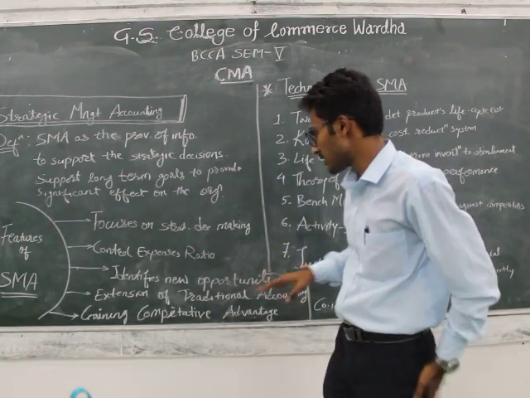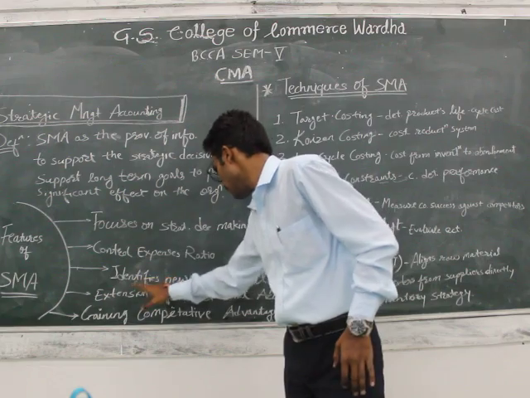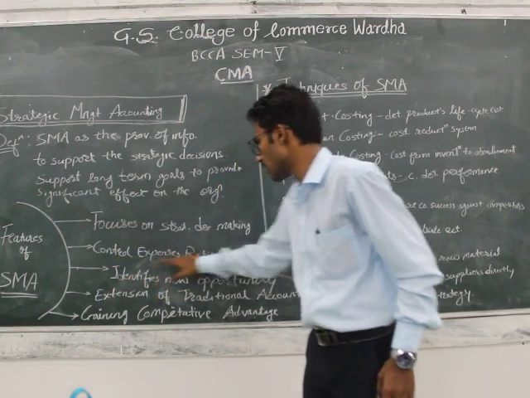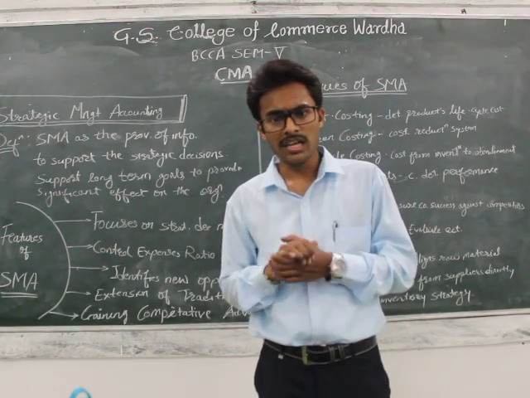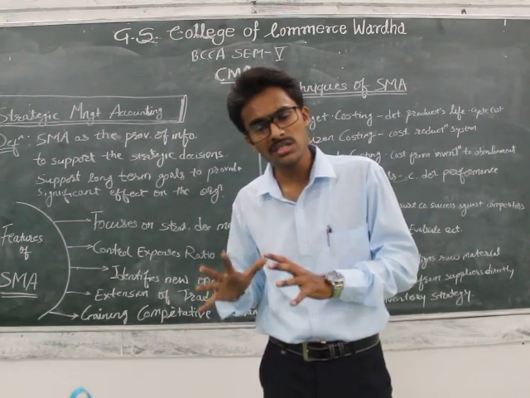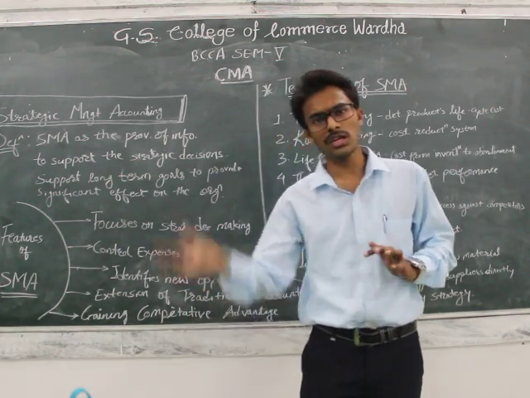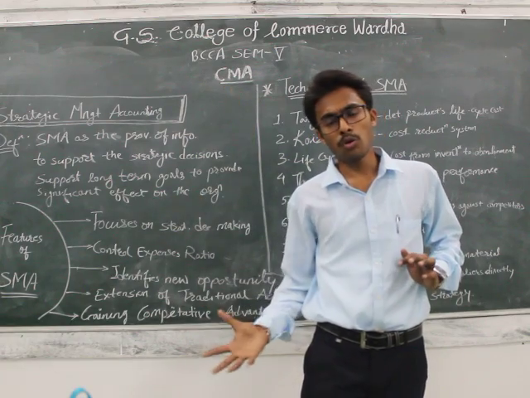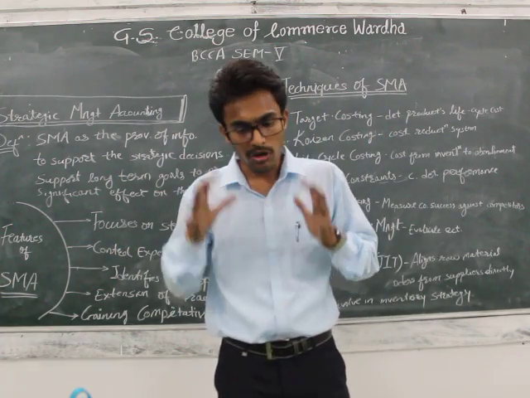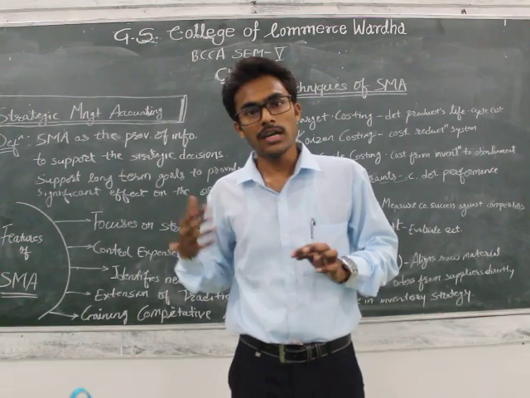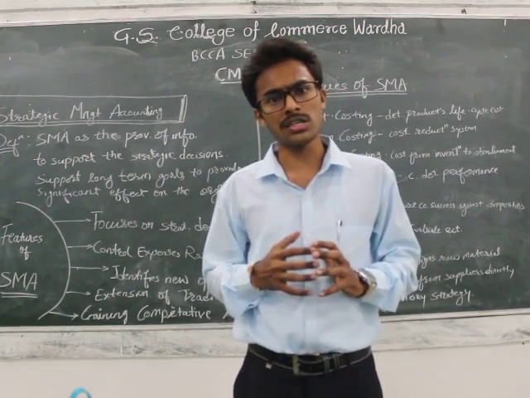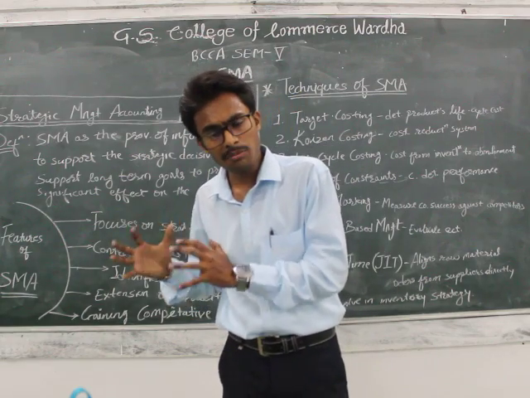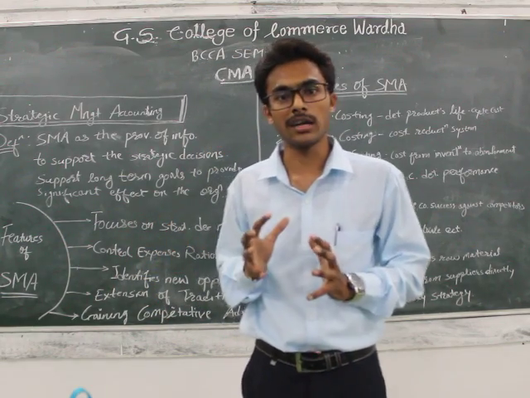Let's come to the second feature, control expense ratio. For example, if company A has controlled its expenses, that means that company can boost its profits more than the other company, and because of this boost in profit, that company can get involved in research and development, because it has earned lots of profit from the market.